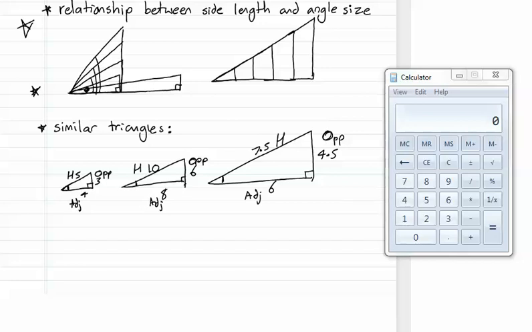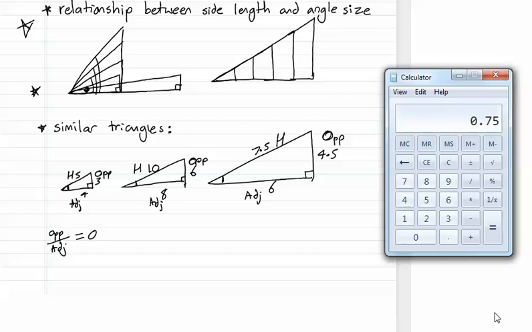Have a look at what happens in each triangle if we calculate the opposite over the adjacent. In the first triangle, our opposite is 3, divided by our adjacent, which is 4. I've got 0.75. Check it for the next one. Opposite over adjacent. Opposite is 6, divided by the adjacent, which is 8. 0.75.